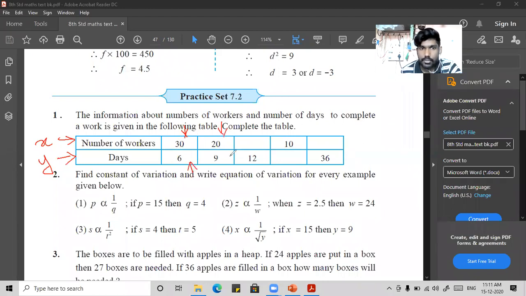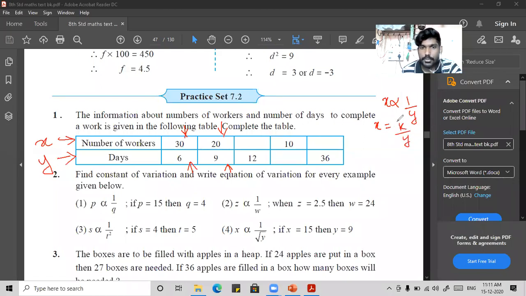In the second case also, same thing is happening. So from here, one thing we can conclude that X and Y are in inverse proportion. So I'll write here X inversely proportional to Y. Now make this into an equality sign. So this becomes X is equal to K upon Y.